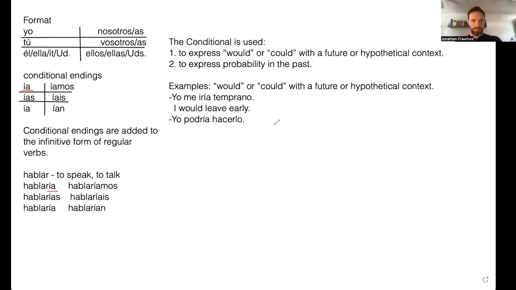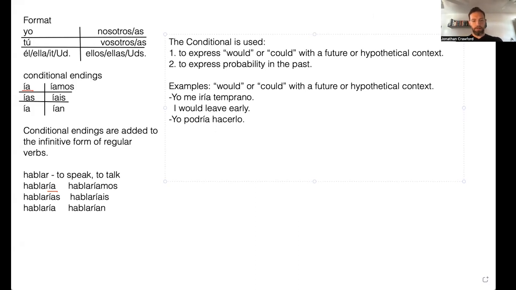Okay. Let's go back to our board. So, yo podría hacerlo means I could do it. I could do it.